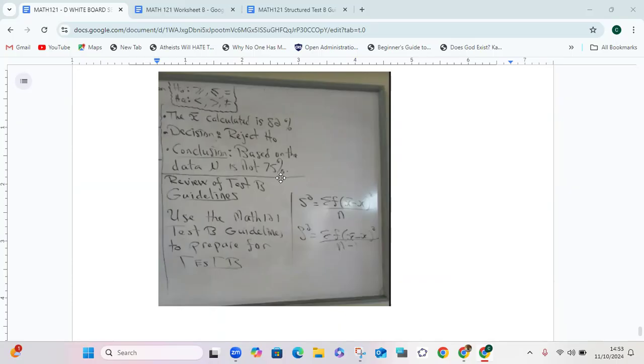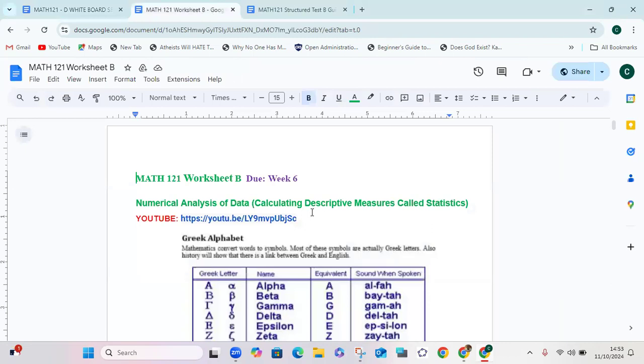So therefore now, as you can see, worksheet B is to learn about hypothesis, to learn about analysis of data. Okay, and we use worksheet B for that, which is due in week 6. And we are in week 6.